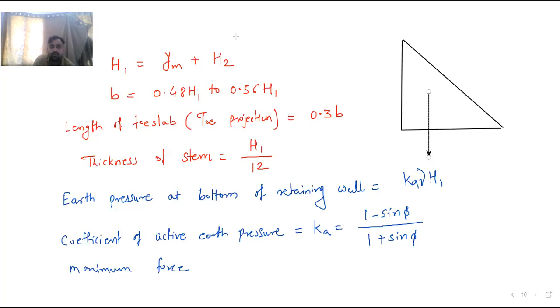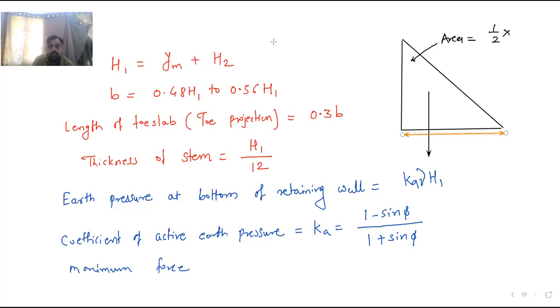So if I calculate the area of this, then I will get the maximum pressure. So area is half into base into height. So the base is this dimension, from this point to this point.